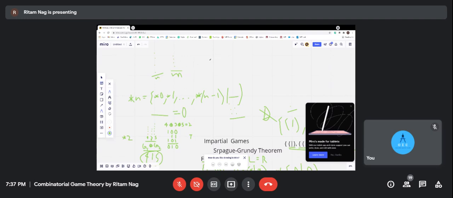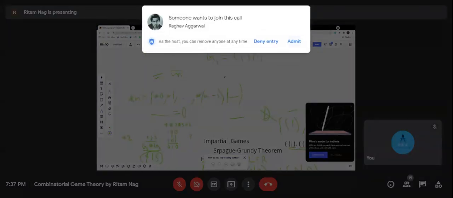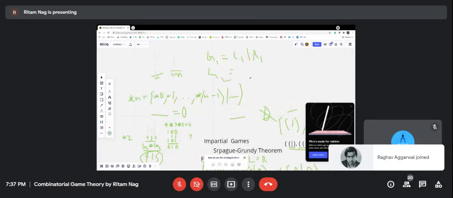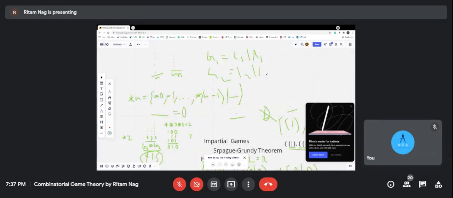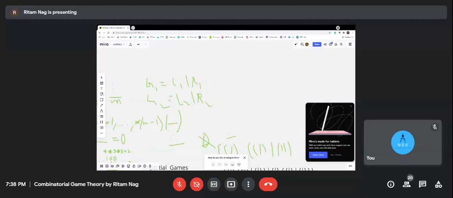Now we have to write this down formally in our new notation. Say the two games are G1 equals L1 | R1 and G2 equals L2 | R2. It's not very legible, but okay. Now we want to define the sum of the two games, G1 plus G2.